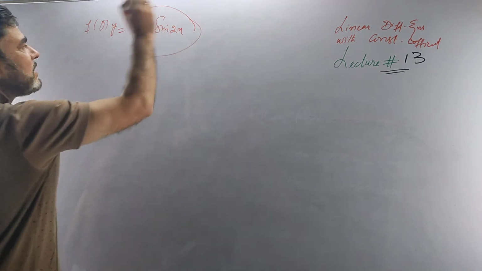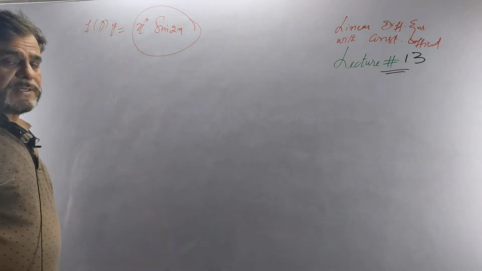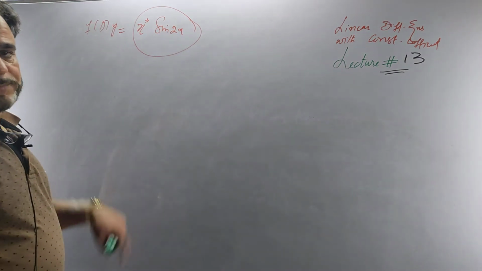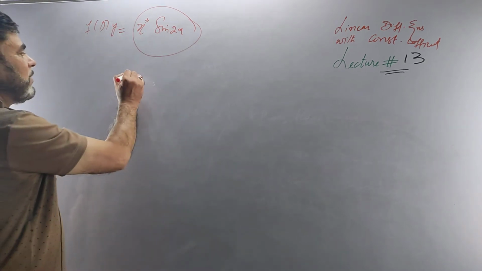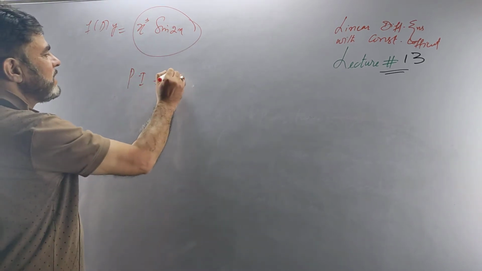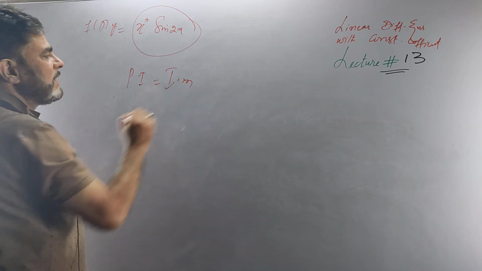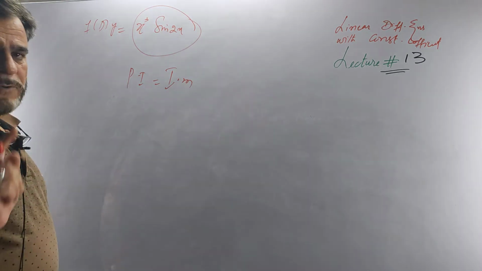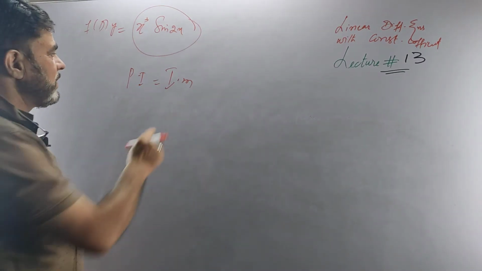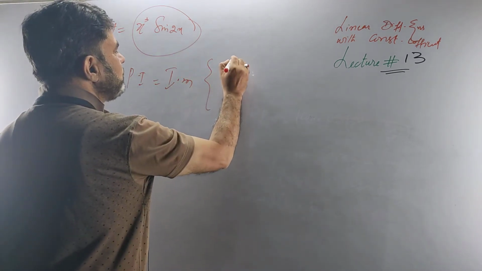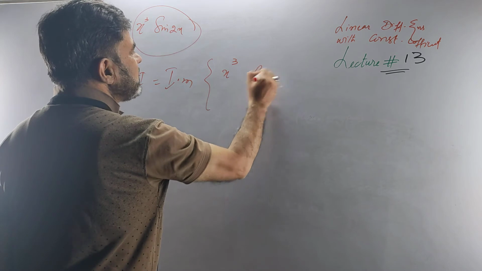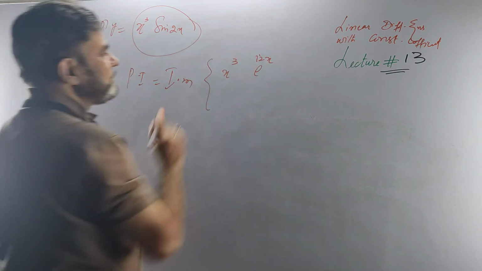When you find out particular integral, you want to convert this into what? This exponential function, because this is not linear. So when you find out particular integral, you will write it is imaginary part. Here at the end you have to take the coefficient of iota, imaginary part. Imaginary part of what? x cube e raised power iota 2x.